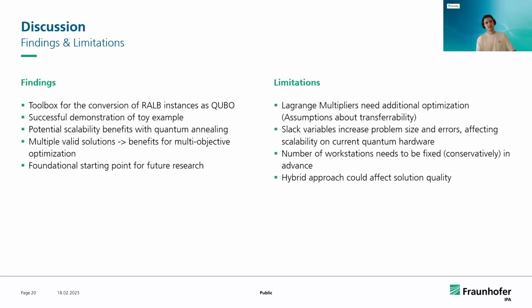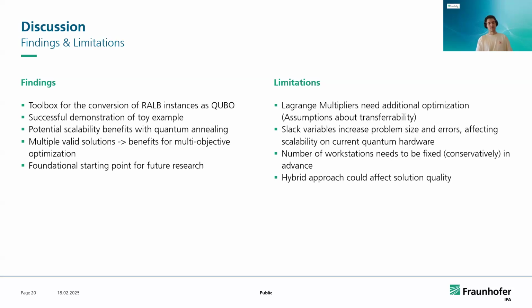We encountered quite a couple of limitations. First, by introducing these Lagrange multipliers, we introduce another step of optimization, which makes the problem harder to solve, and also by increasing the problem dimension by introducing the slack variables.